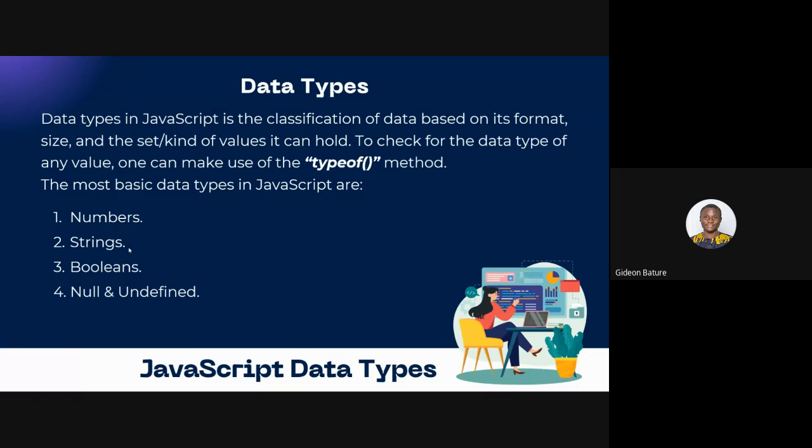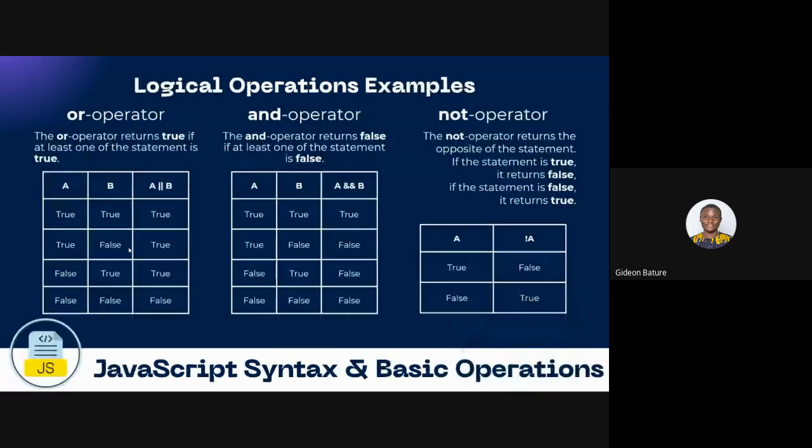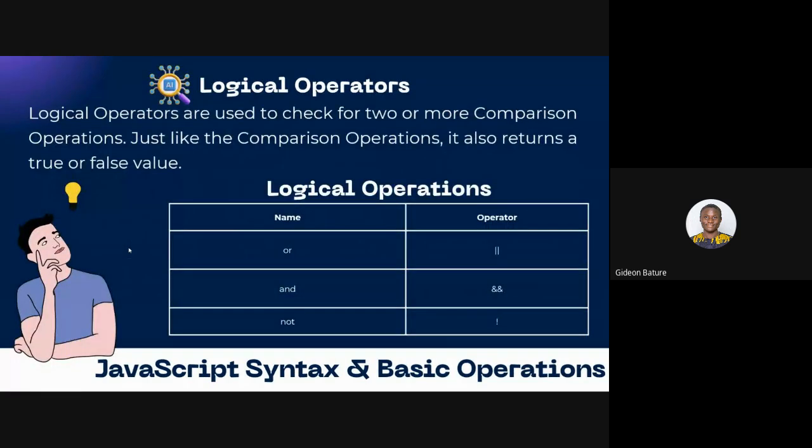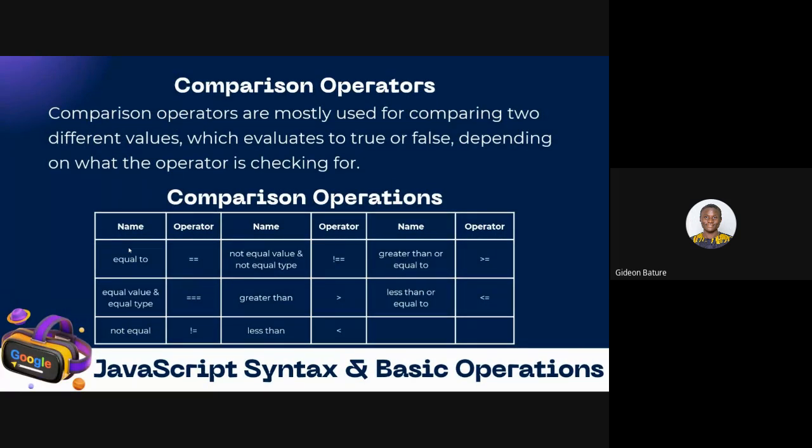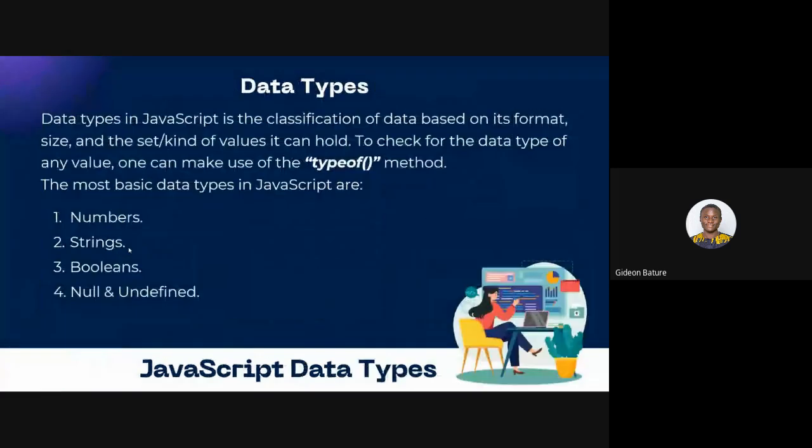Booleans is what you have been seeing all this while we have been treating logical operators and comparison: true, false, true, false. So booleans in particular is true or false. That's the boolean data type. And then finally, you have your null and undefined.